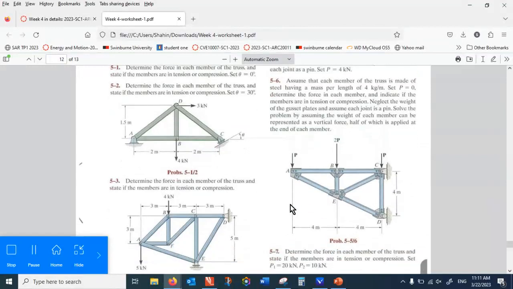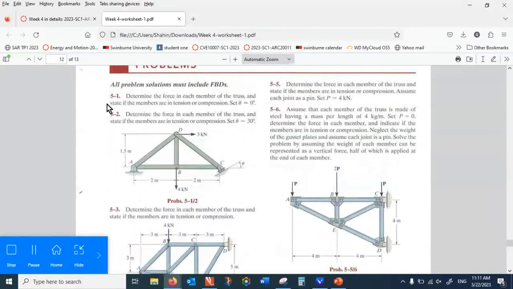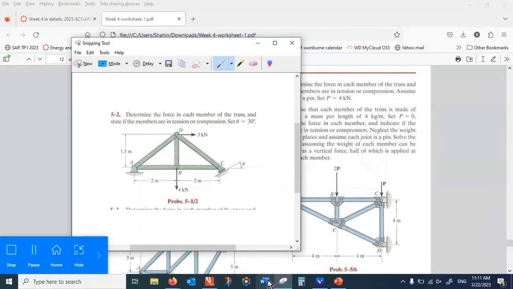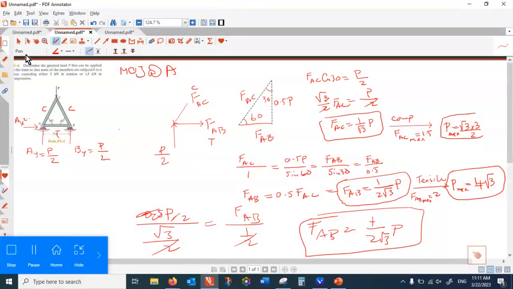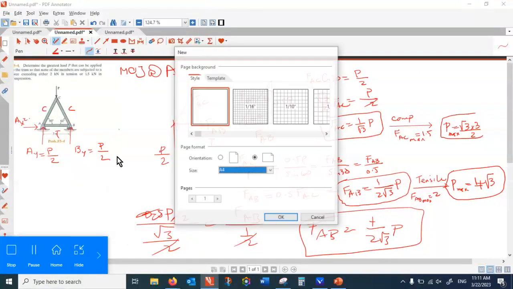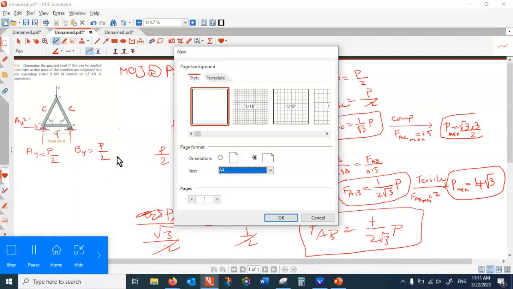All right. Now we do problem 5-2. Okay, so now if that is compression, the maximum FAC is 1.5 kilonewton.